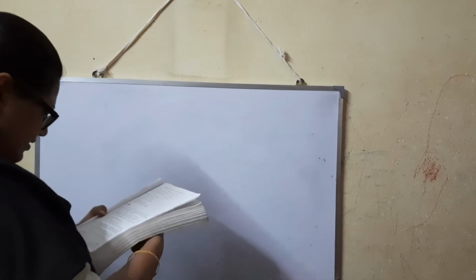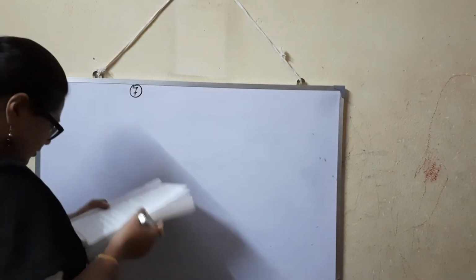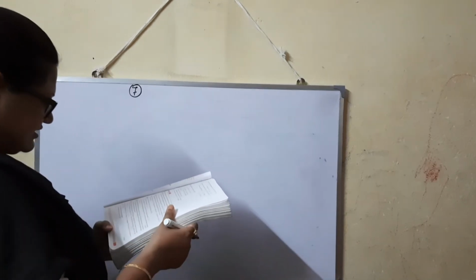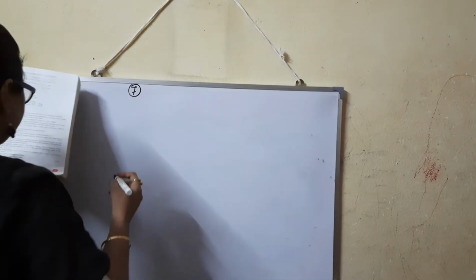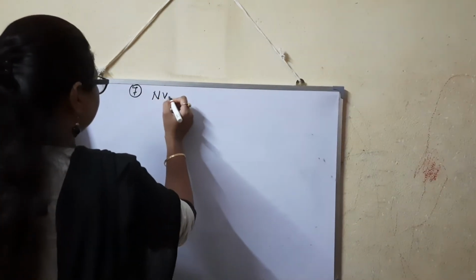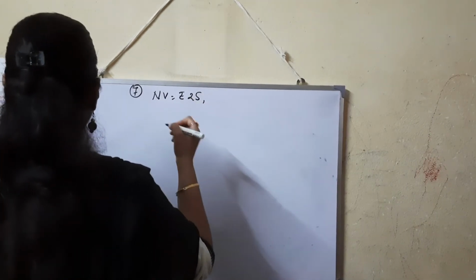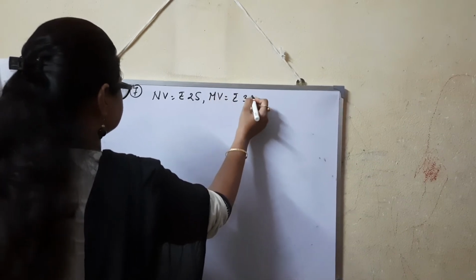Let's do sum number 7. What is given in 7? What sum should a person invest? So they have told you to find out the investment. In rupees 25 shares, so nominal value is rupees 25. Selling at rupees 36, so market value is rupees 36.